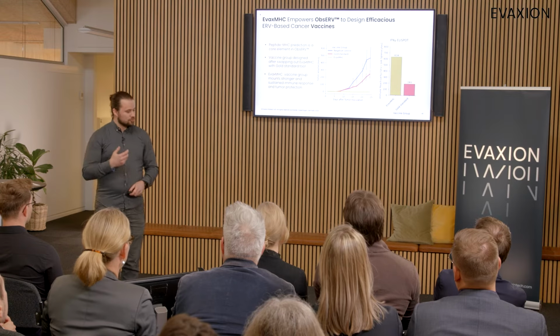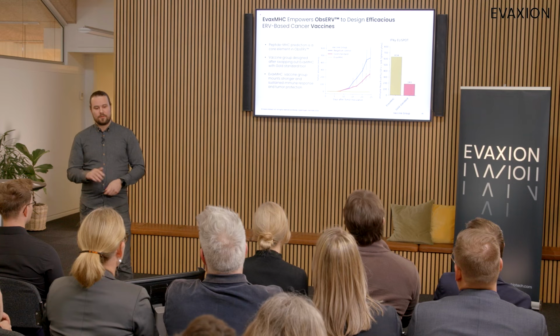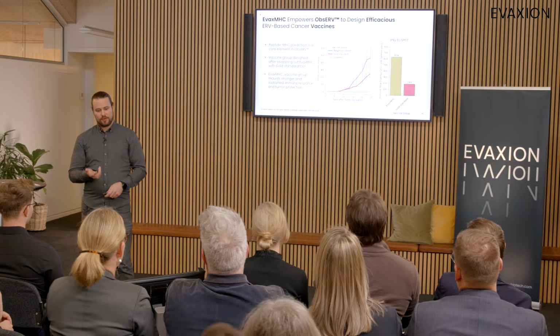And what I want to show here is that modeling this actually has some real-world importance. Andreas observed, I will mention it again, and Christian will talk about it for real data. But we have actually tried this with our previous version and then our new version, designing cancer antigens.